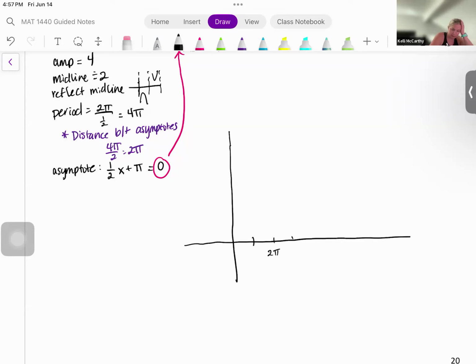Here's 2 pi. Here's negative 2 pi. So just exhausting labeling that horizontal axis. My midline is at 2.